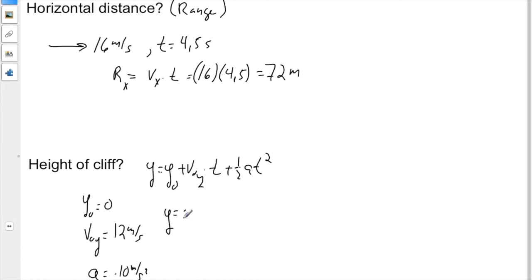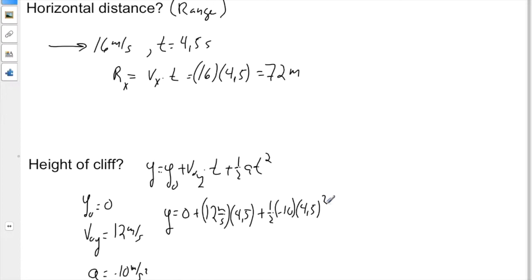So y is 0 plus 12 meters per second times 4.5, plus 1/2 times minus 10 times 4.5 quantity squared.